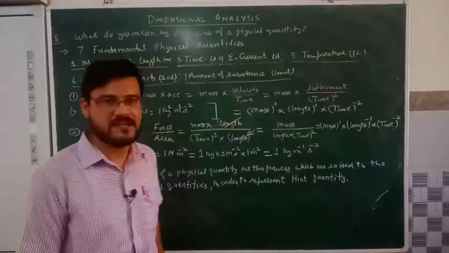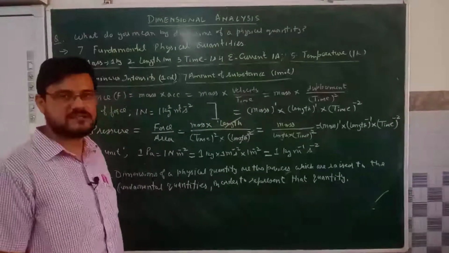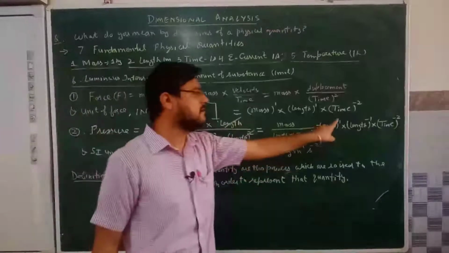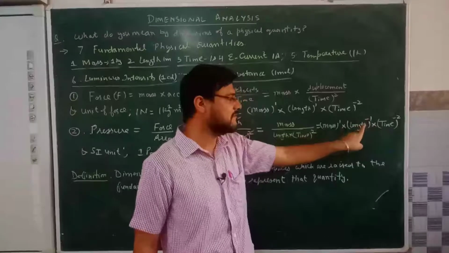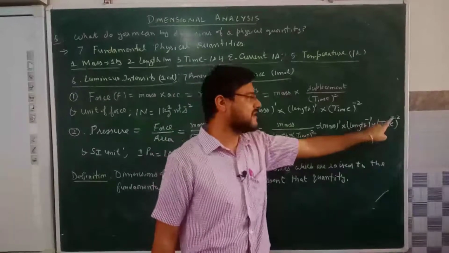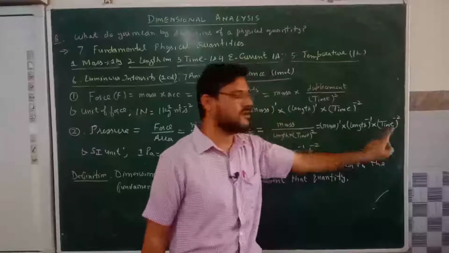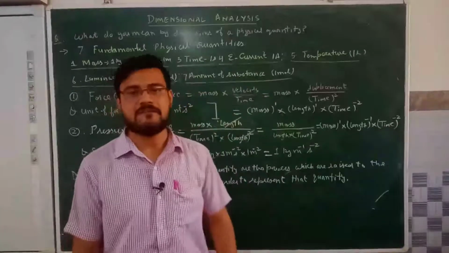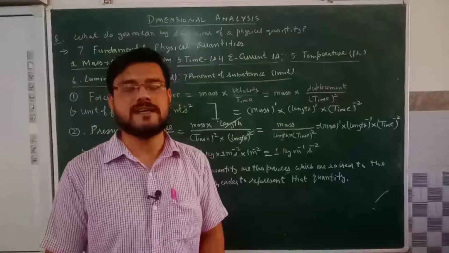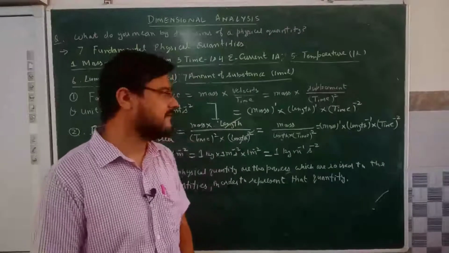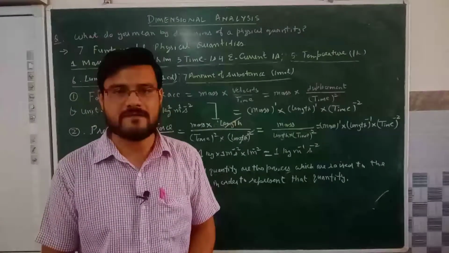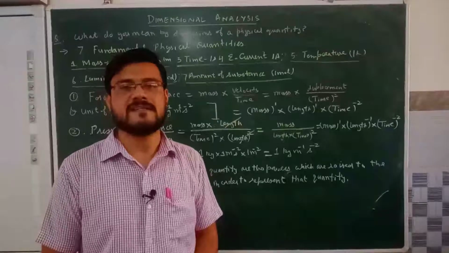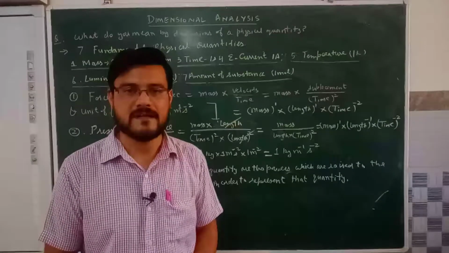So we say that the dimensions of pressure are 1 for the mass, -1 for the length, and -2 for the time. That is, pressure, the derived physical quantity, depends directly upon the first power of the mass, but it depends inversely on the first power of the length, and inversely on the square of the time.